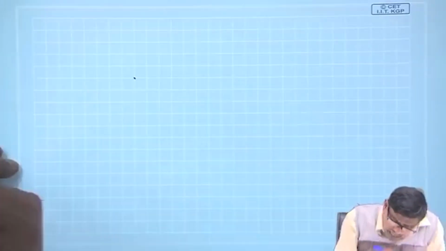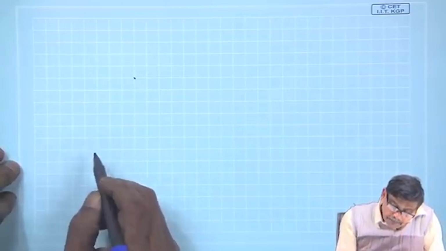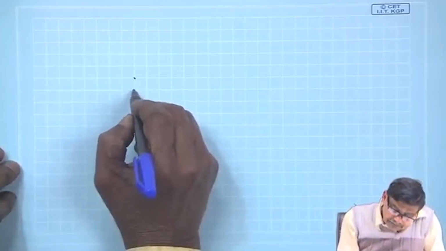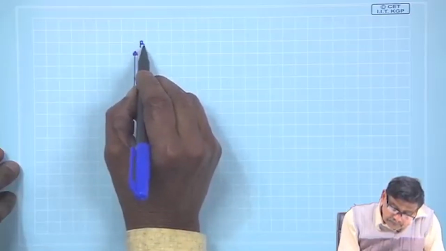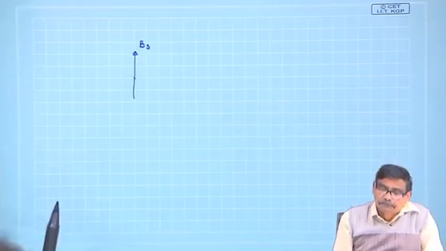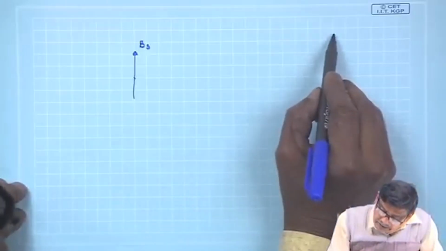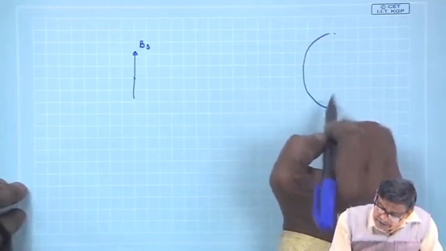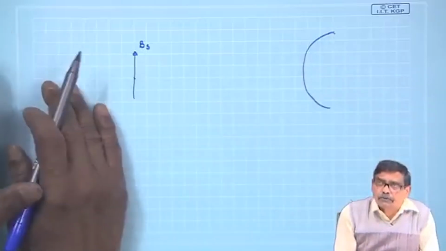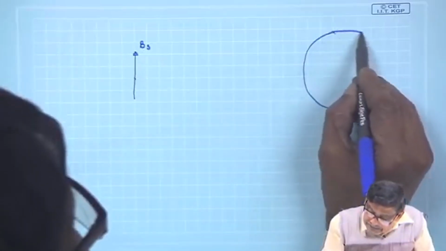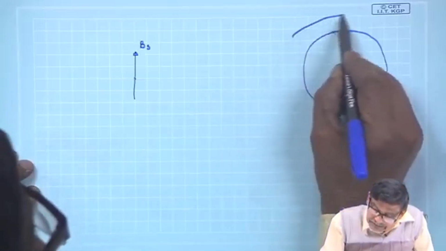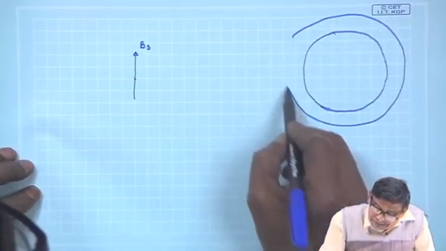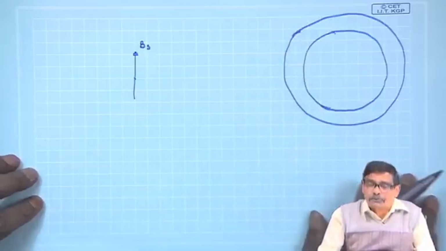Achha, suppose you have a stator field, BS. It has nothing to do with the induction motor, but if you understand this problem, you can extend it to the induction motor, synchronous motor, what not.